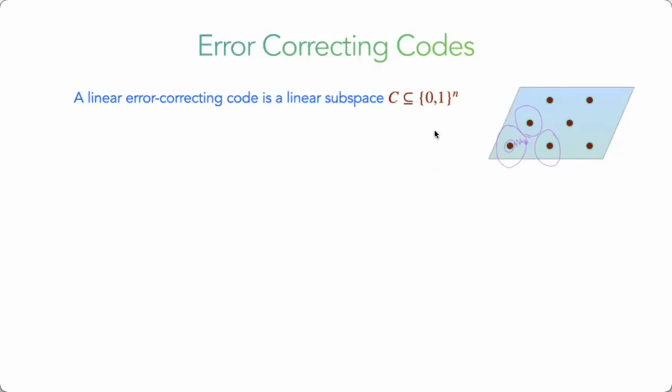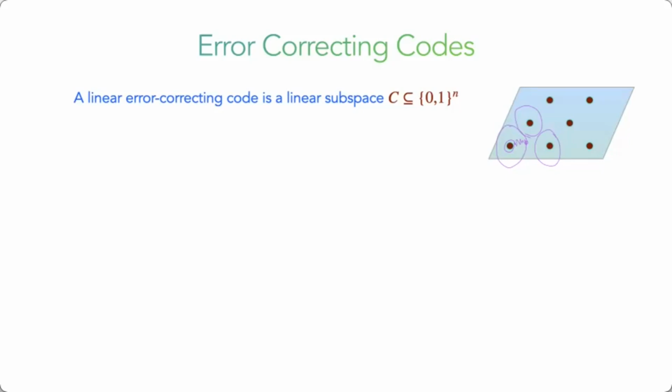Every element in the subspace, a point, or you think of it as a string with n bits, is supposed to be a code word that encodes some kind of message. So really an error correcting code is like a dictionary that says, if you want to tell me this word, you should send this string. If you want to tell me this word, you should send that string, and so on.